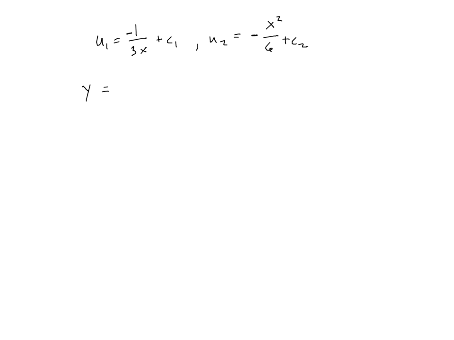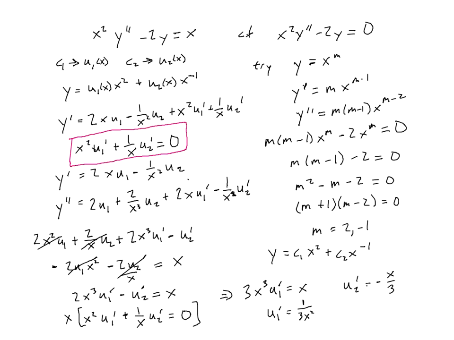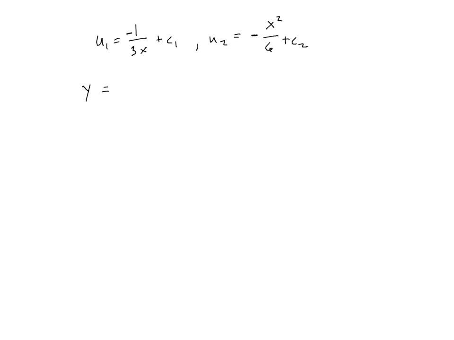And then my y, which was just equal to taking u1 x squared plus u2 divided by x, is going to be minus 1/3 x plus C1 x squared minus 1/6 x plus 1 over x C2.